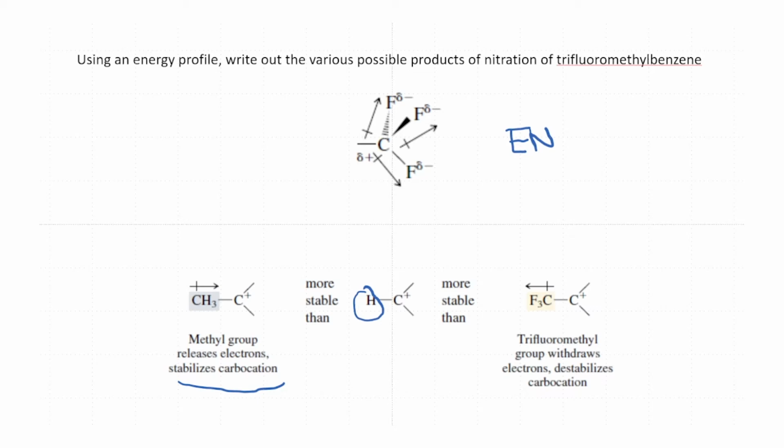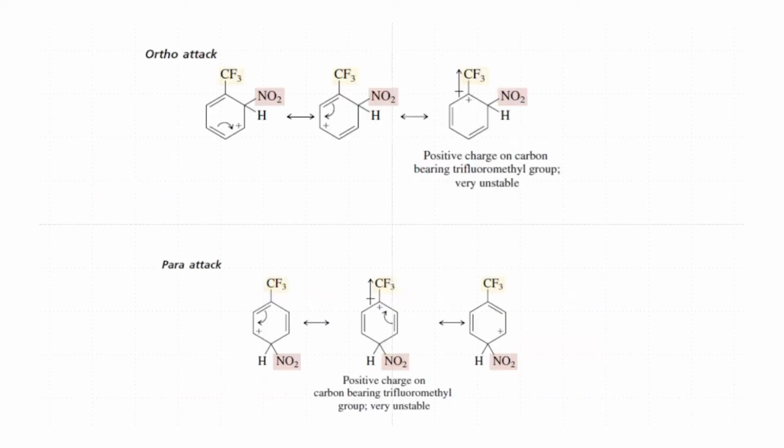Now, when it comes to nitration of trifluoromethylbenzene, if I take this compound and expose it to the standard nitration conditions, what are the possible products? Let's consider the first situation, which is the ortho substituted compound.